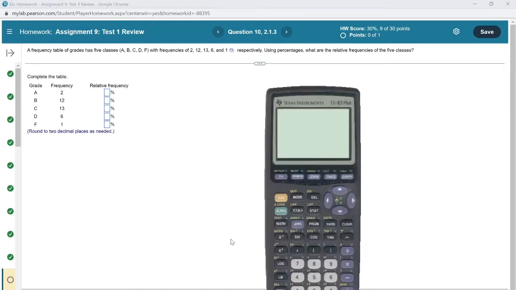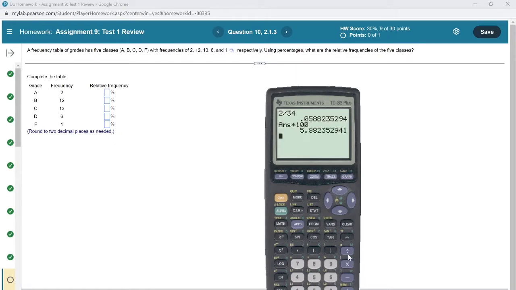I'm going to use the calculator here. The total is 2 plus 12 plus 13 plus 6 plus 1: 25 plus 6 is 31, 34. So 2 divided by 34 gives a decimal representation. To get the percentage, you just multiply it by 100.